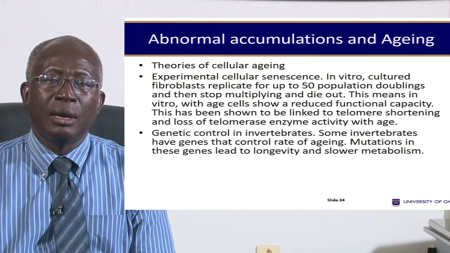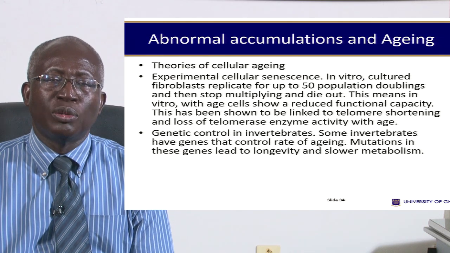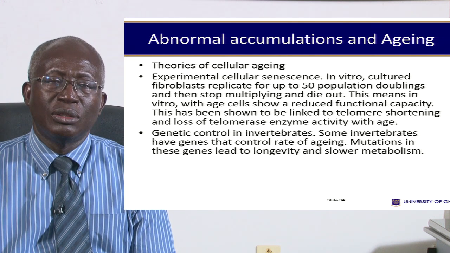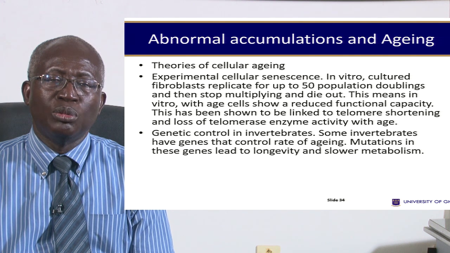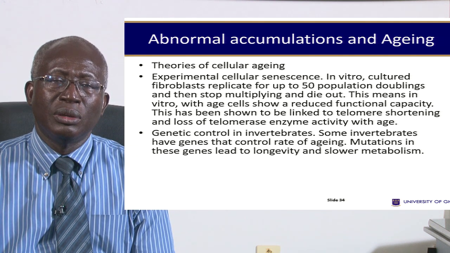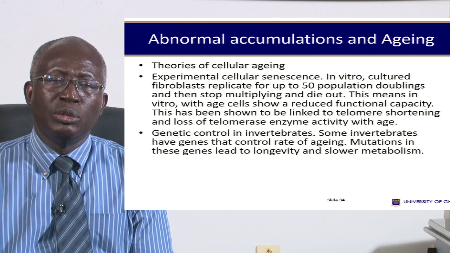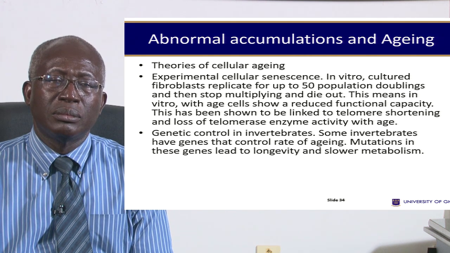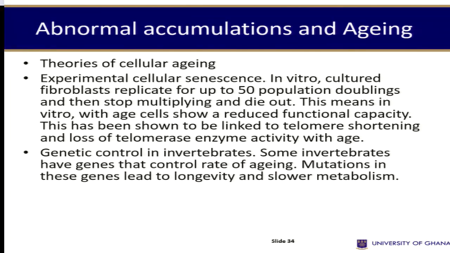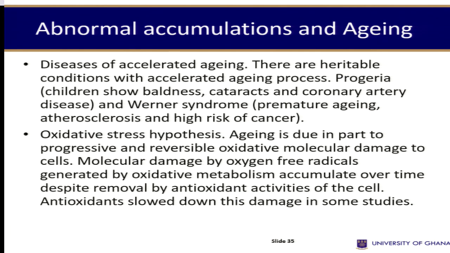Telomeres are portions of the chromosome near the ends. So enzymes associated with keeping this portion workable deteriorate with time. The other theory is genetic control, which says that there are genes that control the rate of aging.